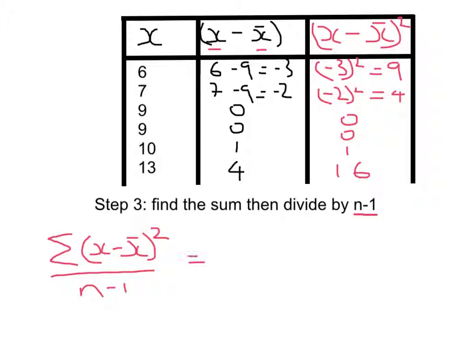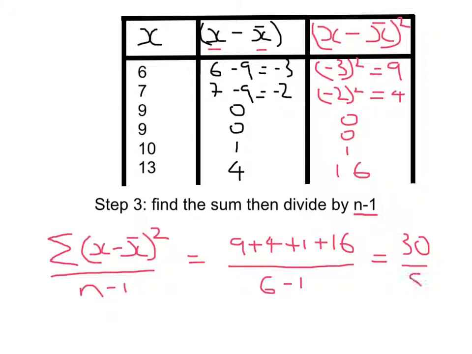Okay, and so that means the sum of 9 plus 4 plus 0 plus 0 plus 1 plus 16, divided by 6 minus 1. So we're going to end up with 30 divided by 5, which gives us a final answer of 6.